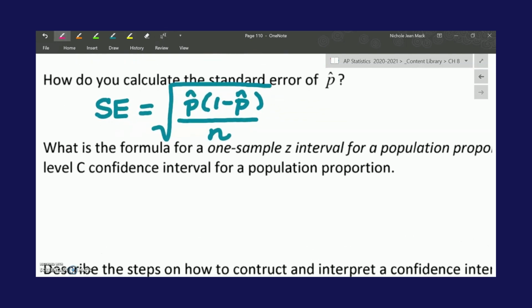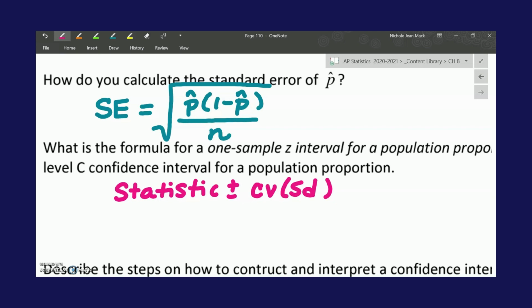So let's write this first because I think this helps. It's the statistic plus or minus the margin of error. And the margin of error is your critical value times your standard deviation. Okay? That's your margin of error.